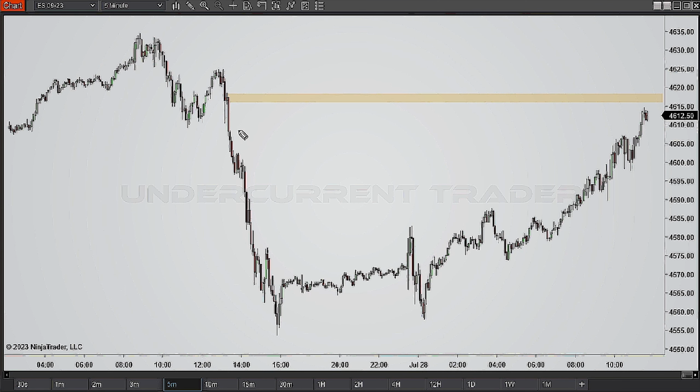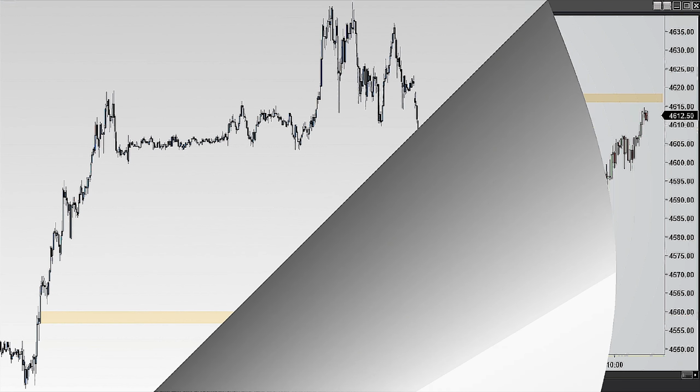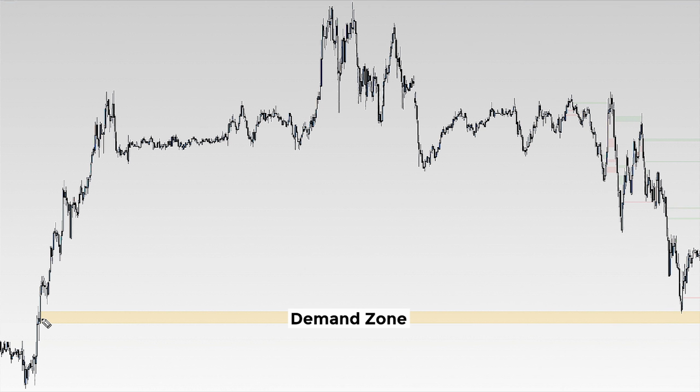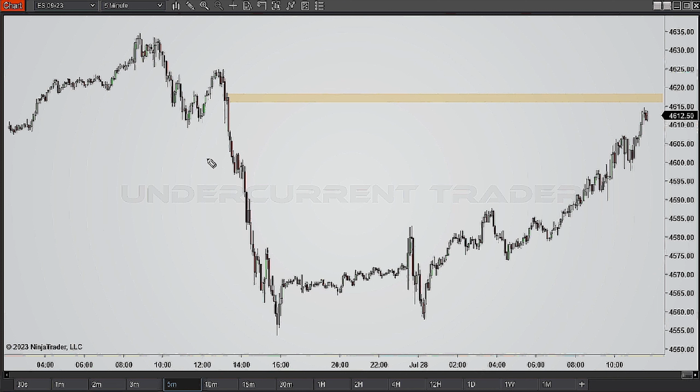It should be noted that the same concept can be applied to a demand zone where the market makes, again, a fast impulsive move out of the asset's first base structure, where buyers tend to overpower sellers, leading to potential price increases.